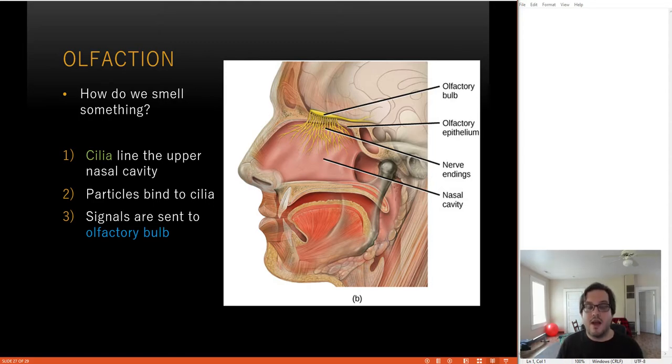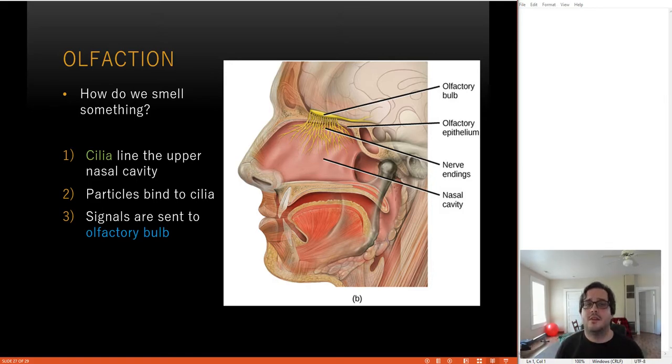So you smell it once the signals have reached the olfactory bulb. Again, this is a very quick, direct connection to your brain. Another reason why they say that smell is most closely tied to memory is that you don't really have to navigate much bureaucracy. You don't have to go through the entire nervous system. You smell something, it binds, and sends the signal right away.